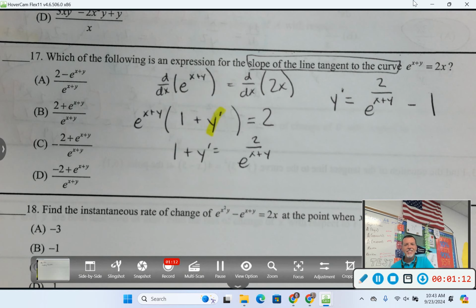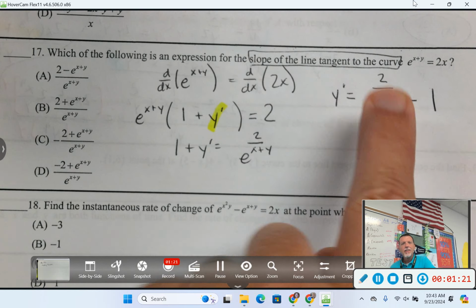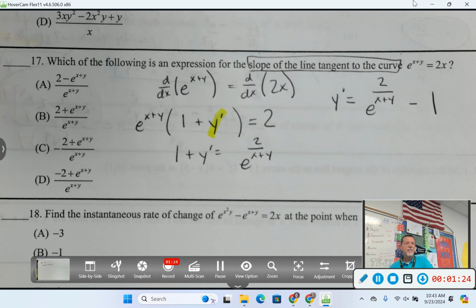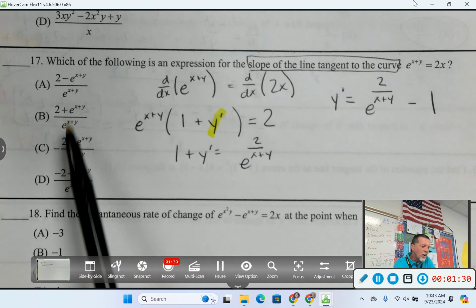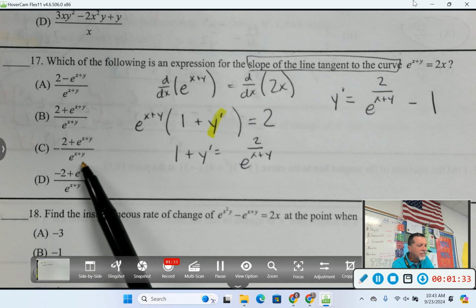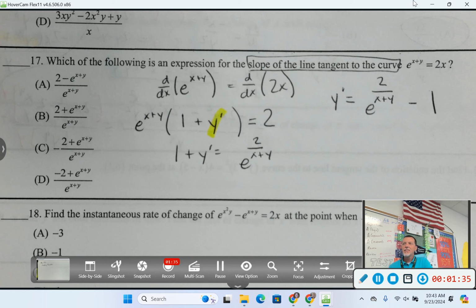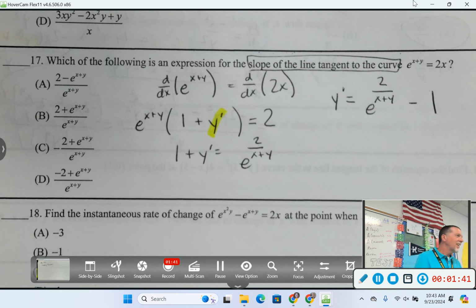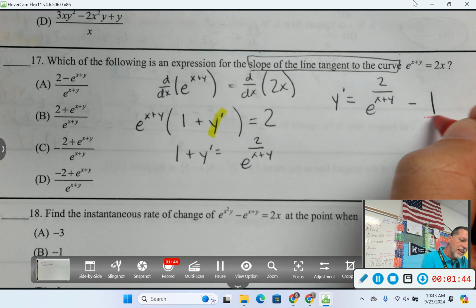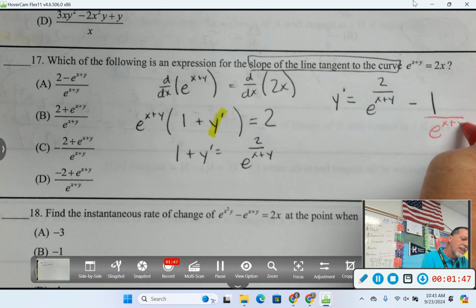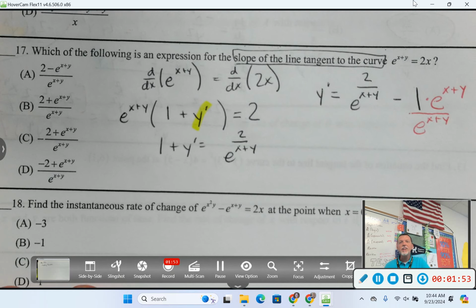Except that that's not an answer choice. So, how do I make this look like something over here? I got two terms here. All of these only have one denominator. So if I want to combine two fractions into one fraction, yep, I need to change that 1 into e to the x plus y over e to the x plus y.